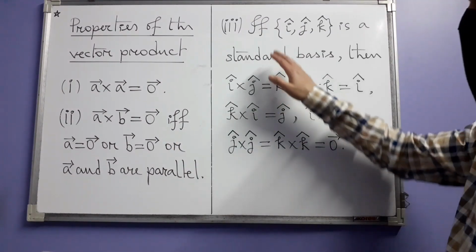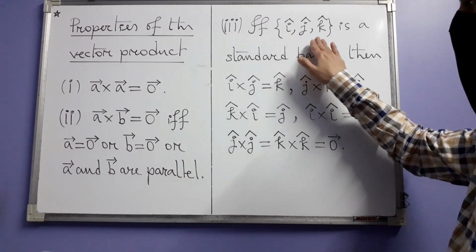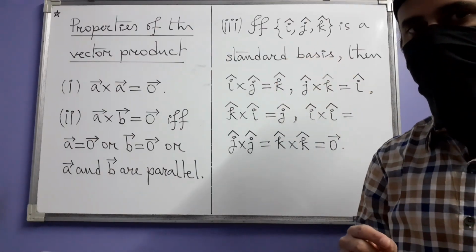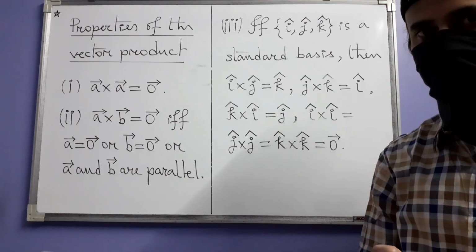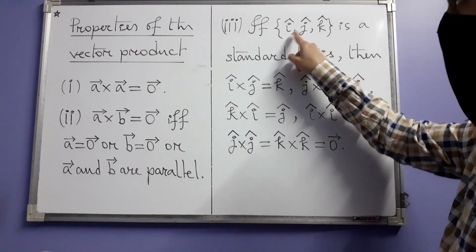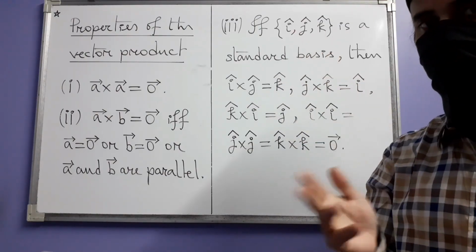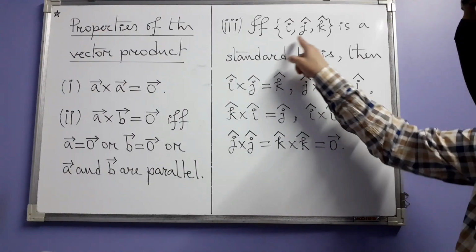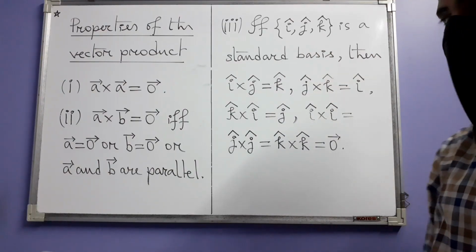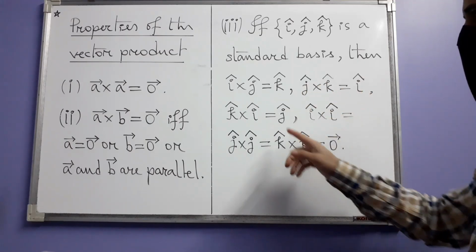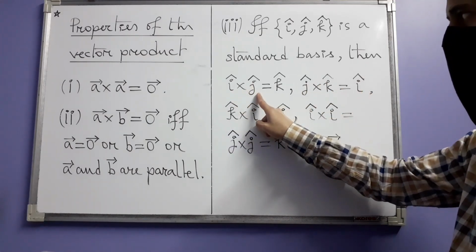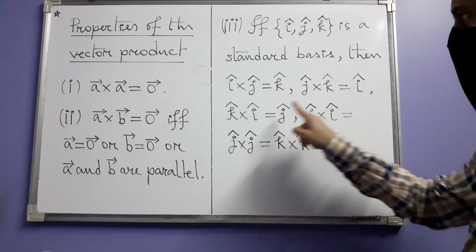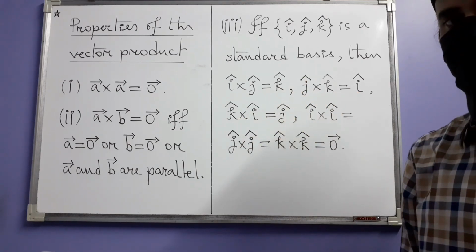And then we have this third one, if i hat, j hat and k hat form a standard basis. Let's recall that a standard basis is an orthonormal set of vectors. That means the vectors are unit vectors and they are mutually orthogonal, perpendicular to each other, and they form a right-handed set. If so, then we have the following. i cross j is k, j cross k is i, and k cross i is j.